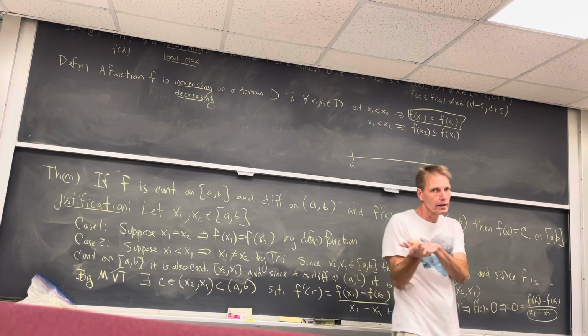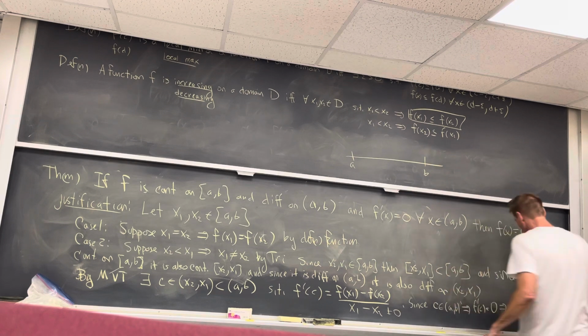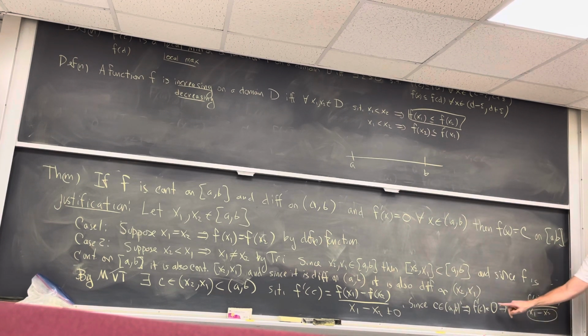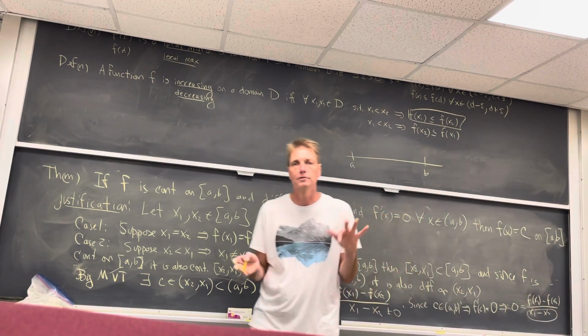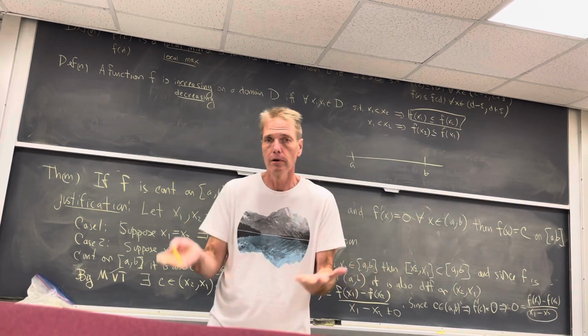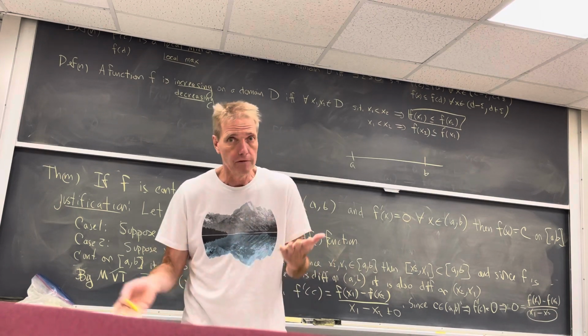And you can also think of it this way. Since this isn't 0, we can multiply both sides by x1 minus x2. And what did we prove any real number times 0 is? We proved that was 0.